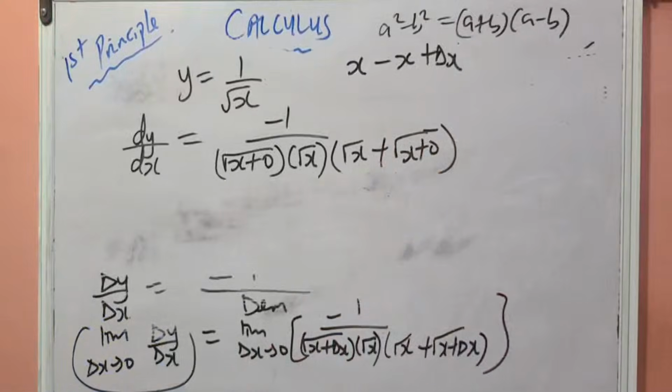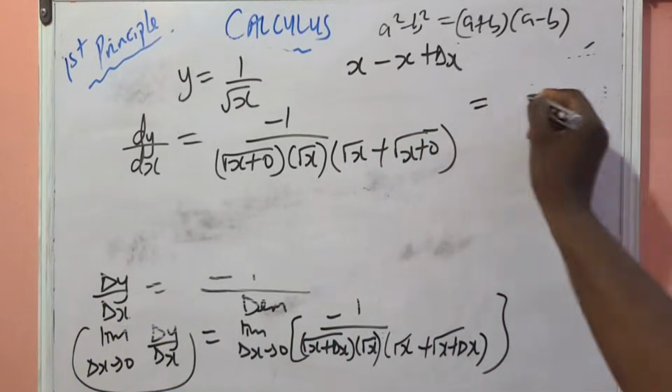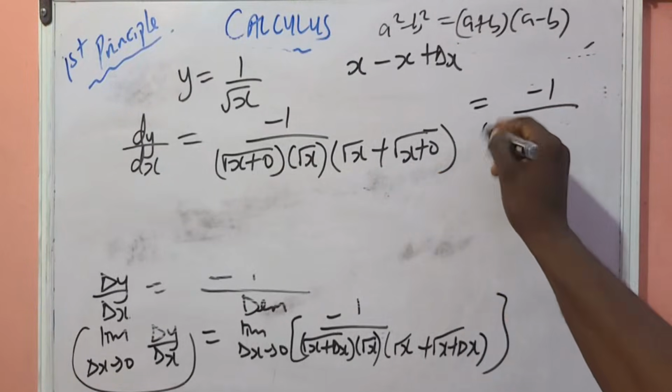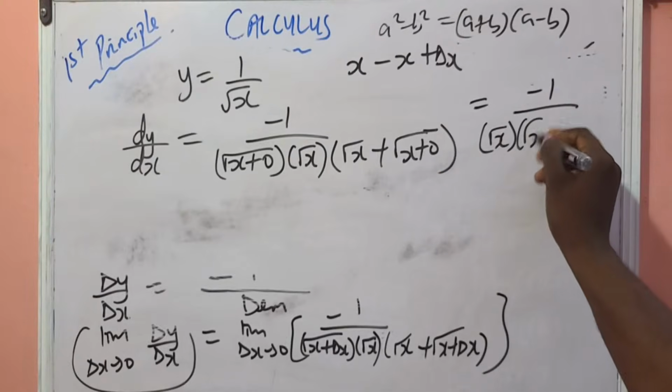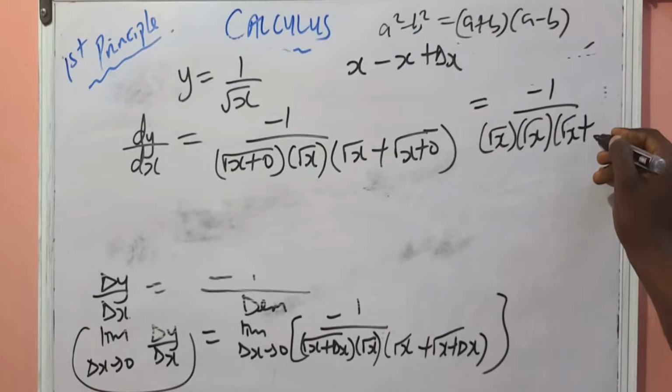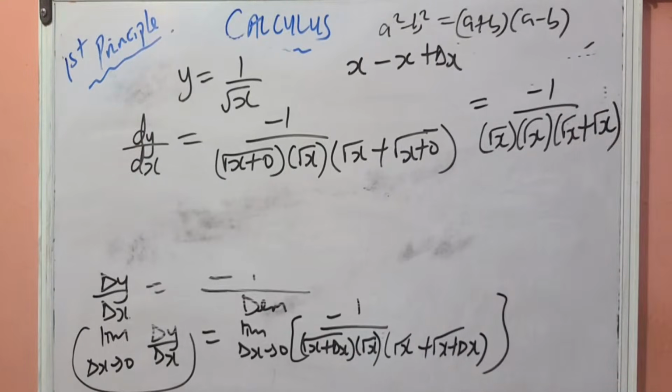Just fix it properly, you will not go wrong. So what I have here obviously is minus 1 over, I have root x, then I have root x, then I also have root x plus root x. You can see the difference. Don't confuse things together.